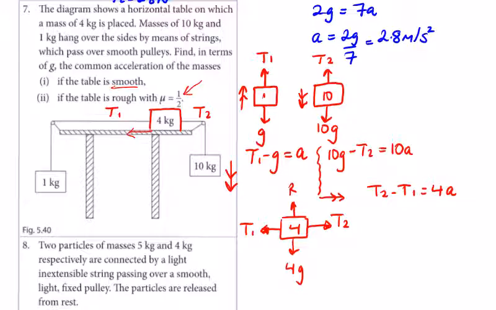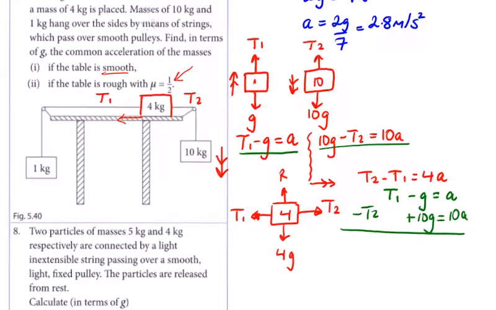So if I combine all three equations, I get my T's to cancel. So I've got T1 minus g is equal to a. I have 10g minus T2 is equal to 10a, and T2 minus T1 is equal to 4a.